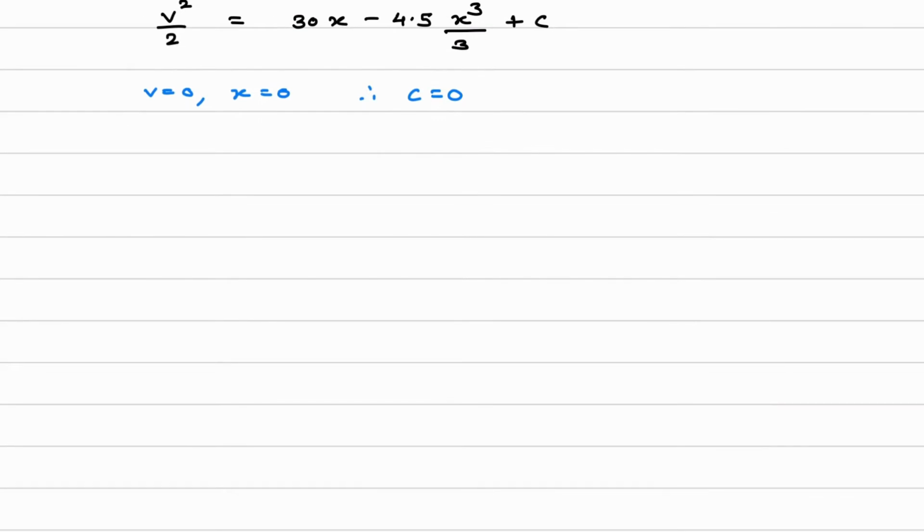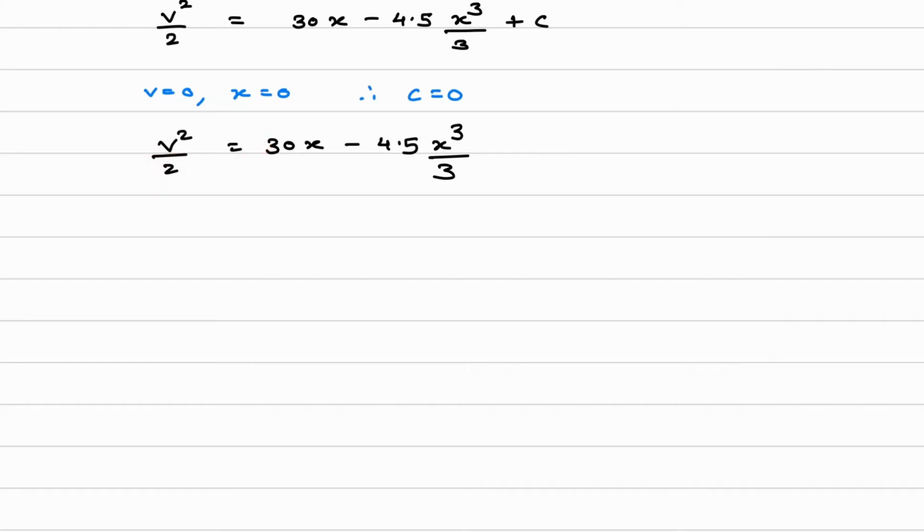So we can write down the main equation now. Velocity square by 2 is equal to 30x minus 4.5x³/3. Now just take this 2 on the right hand side.